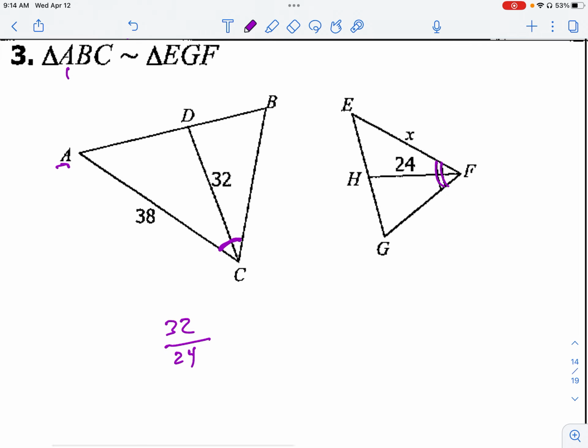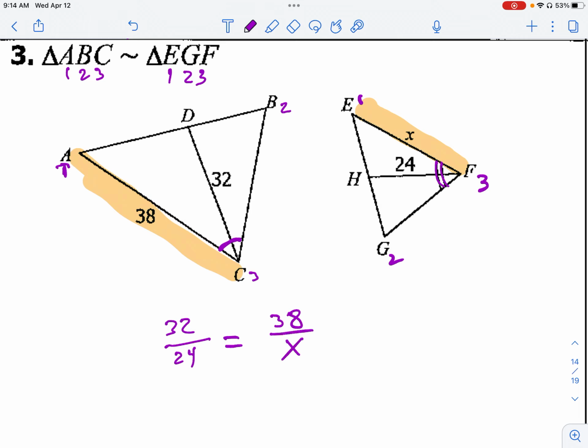We got A, B, C is 1, 2, 3, E, G, F is 1, 2, 3, so A is 1, B is 2, C is 3, E is 1, G is 2, F is 3. Let's see, where's our x here? Between 1 and 3. This is also 1 and 3. So let's see, ABC is on top, so we go 38 over x.